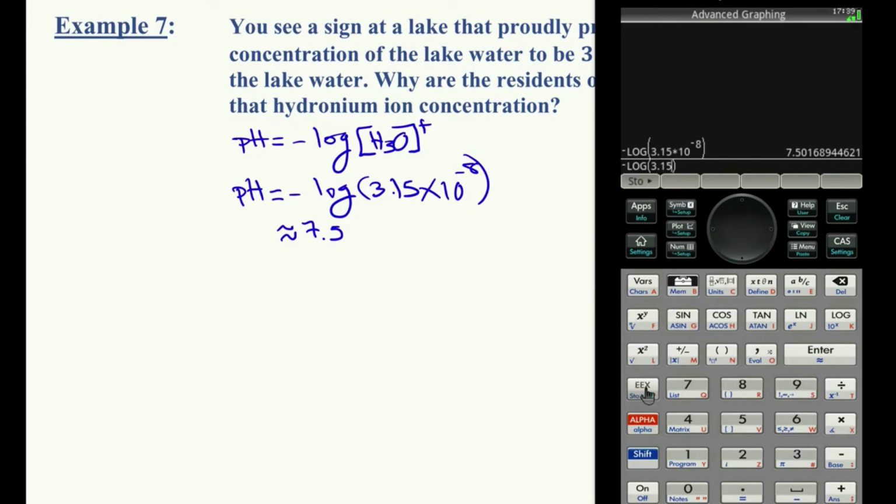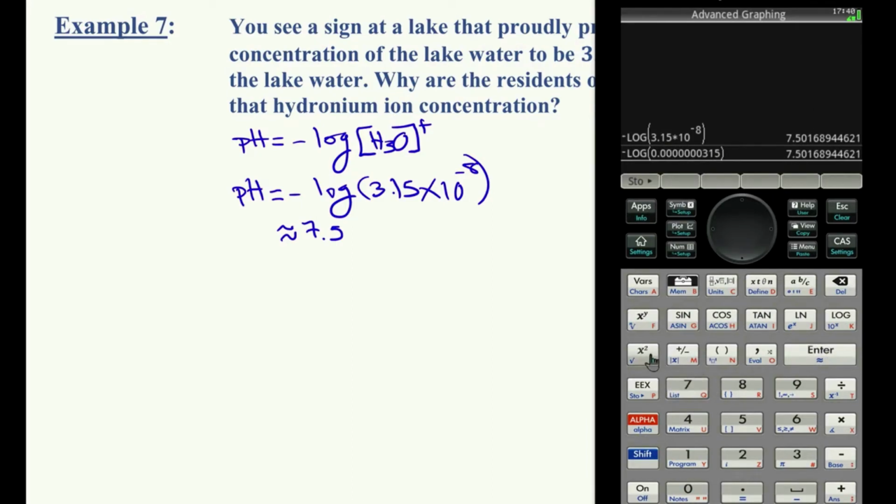So when you hit that button, you're not going to need to write the multiplication, the 10, and all you have to type is the exponent. So right now we're just going to type negative 8. As soon as you type, the system is ready to receive the exponent. It's going to put in the times and the 10 for you. So it just will ask you for that exponent, and then you hit enter, and of course you get exactly the same thing.